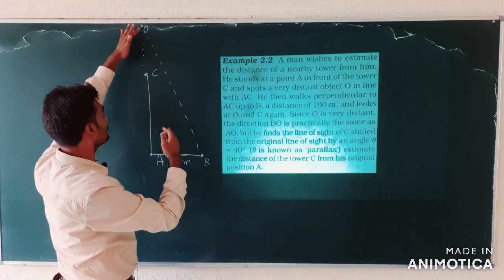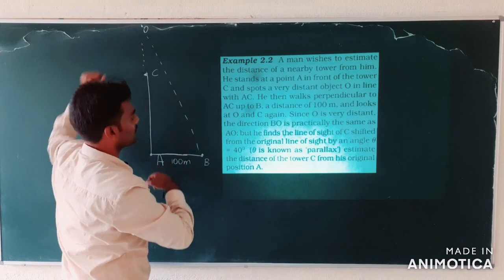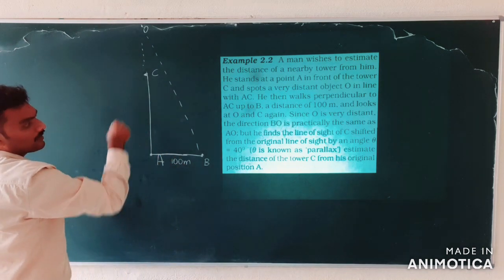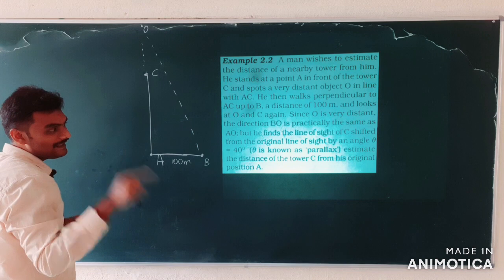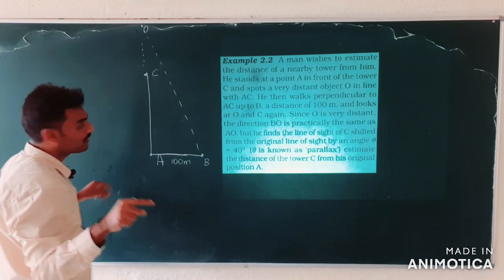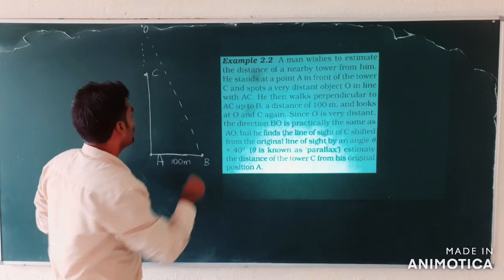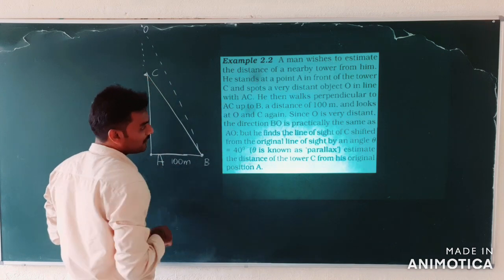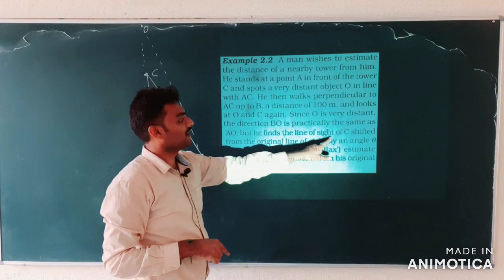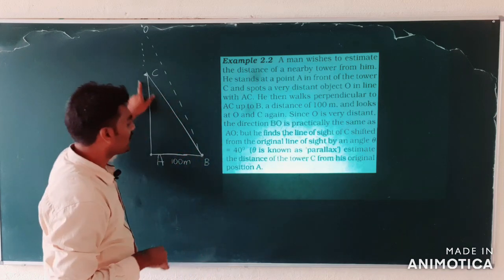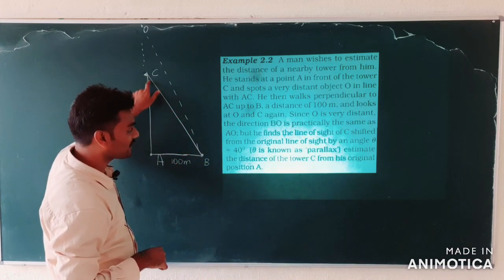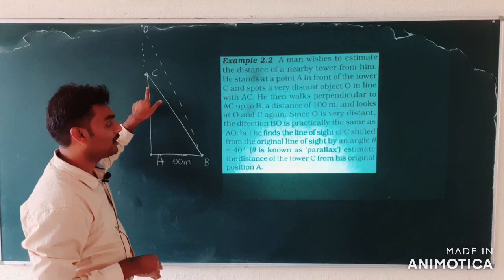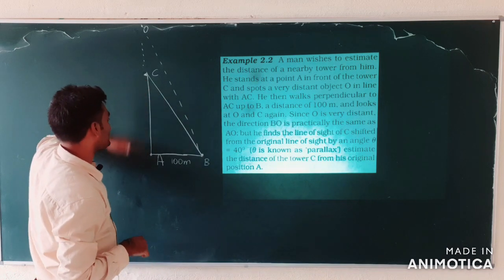So here you need to imagine that O is a very distinct object, but the direction of BC will no longer be the same as AC. So if I draw a line BC this time, the person finds the line of sight of C shifted from the original sight AC.